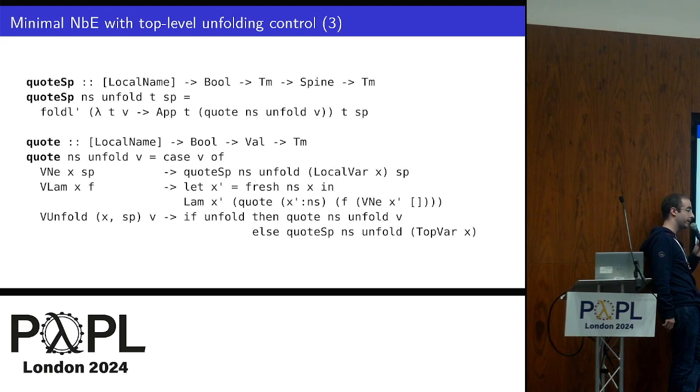And at that point, we need to have a value for the checking type and then match on it to see whether it is a function type or not. Okay, maybe it's not such a good example, but a very good example for calling this quote is when we solve a metavariable, because a unification problem has values on both sides. And if we have a metavariable on one side and then a value on the other side, we need to convert the value to a term because we can only insert a term into the elaboration output.